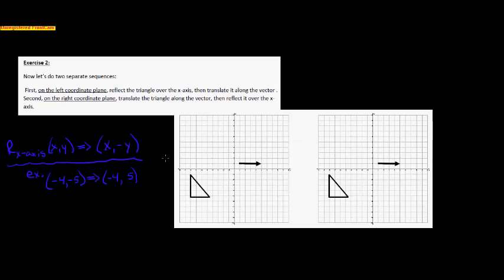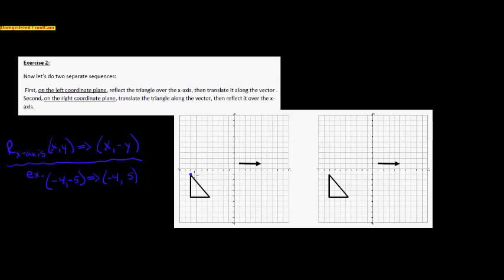Alright, so let's try this one. I'm going to go over and label this point. This is the point -8, -1. Alright, and actually, you know what I'm going to do? I'm going to label this, because it's going to get really messy. I'm going to label this off of the chart here.